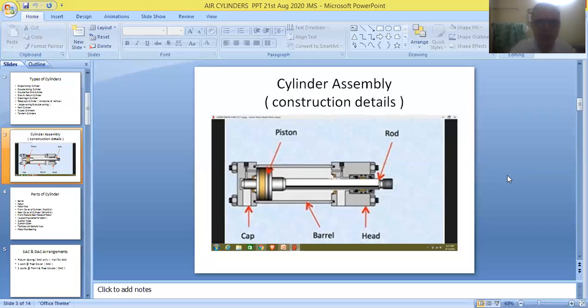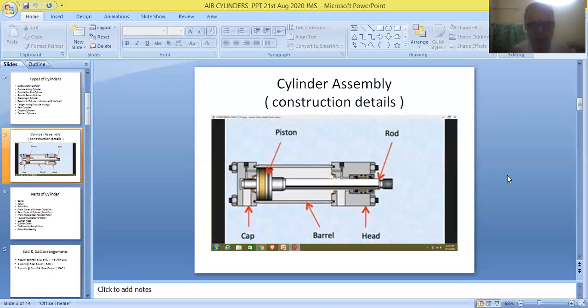So we can see the arrangements of bolts and nuts also in this diagram. The number of tie rods depends upon the diameter of the cylinder, and the number of bolts depends upon the number of tie rods.